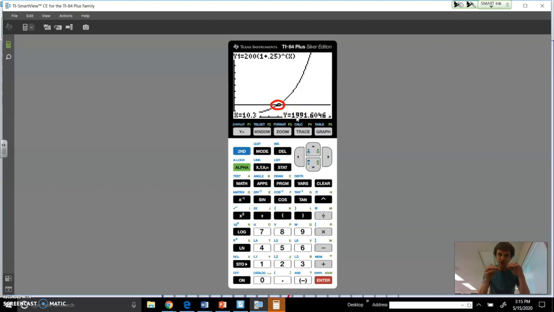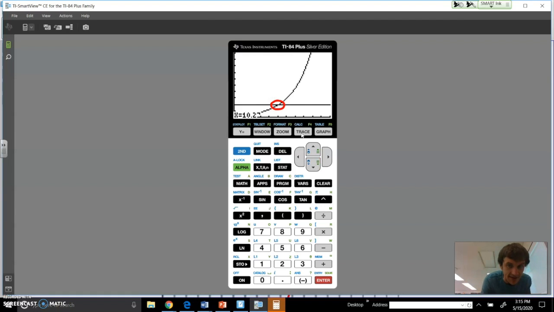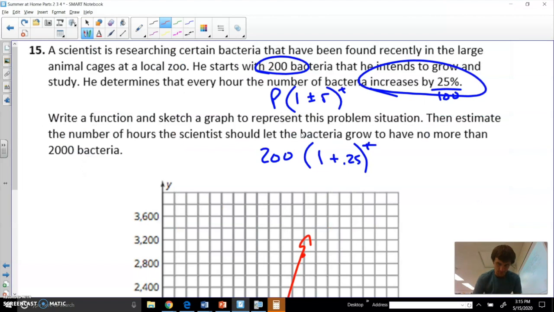And so when we talked about a system of equations in the previous chapters, we can do second trace and ask the calculator to find that exact point of intersection, and it'll tell us exactly the number that makes that exactly 2,000. So it looks like 10.318. This is the amount of years it's going to take, or weeks, depends on the problem.